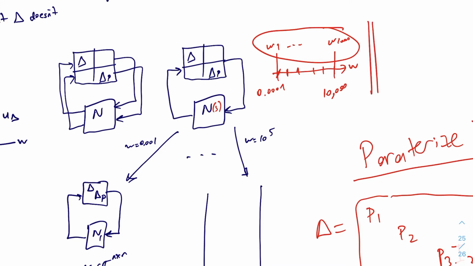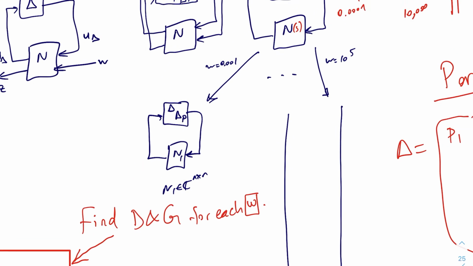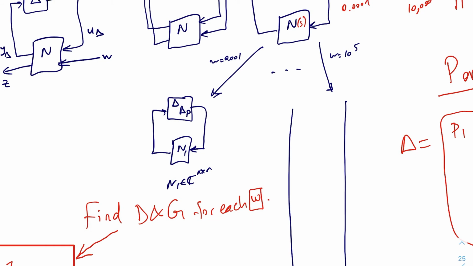N of s is N of s, right? And like in the previous part, we have some frequency quantization, right? And for each frequency, let's call it omega 1, maybe 0.0001 radian per second, N becomes N1. N1 is just an n by n complex matrix.